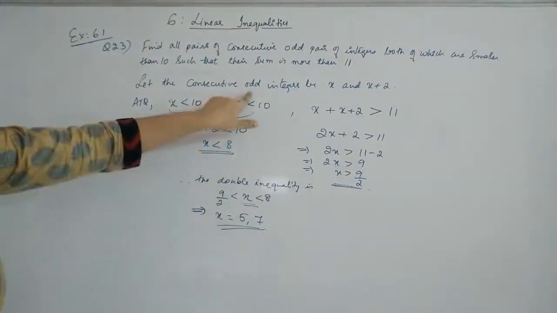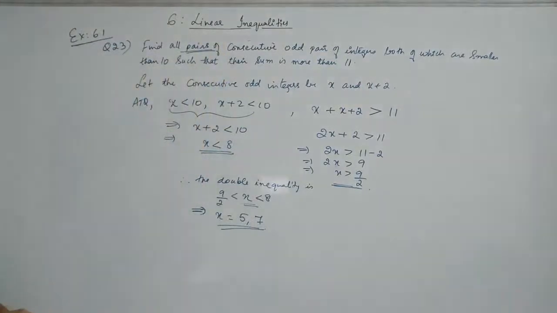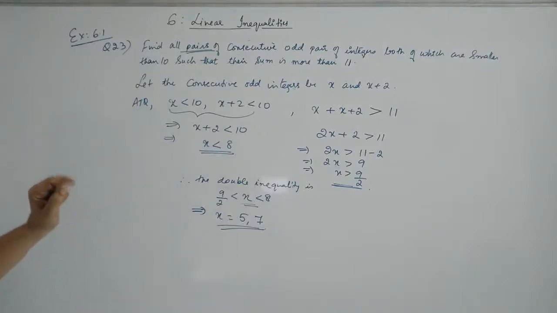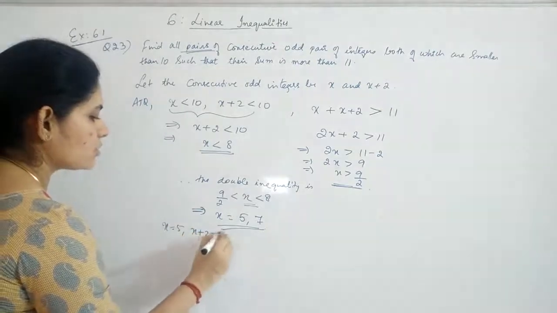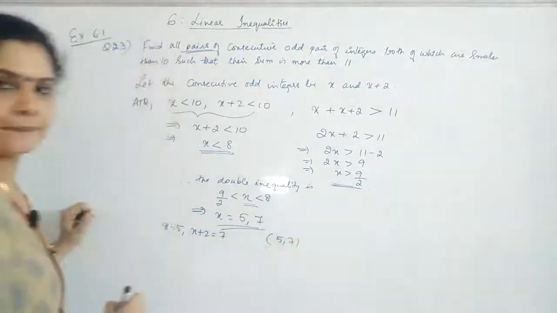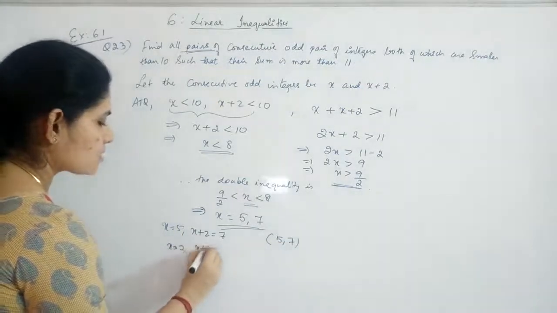Why? Because we have to find the pairs of consecutive odd integers which satisfy these conditions. So if I am taking x as 5, what will be x plus 2? It will be 7. That means one pair which I will get is 5, 7. Now if x is 7, I will get x plus 2 as 9.